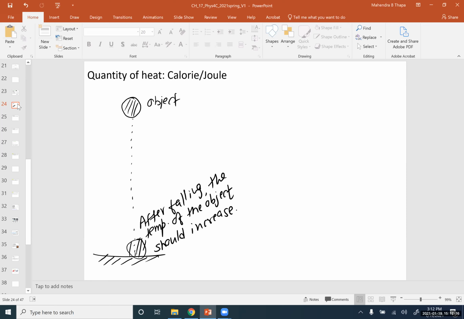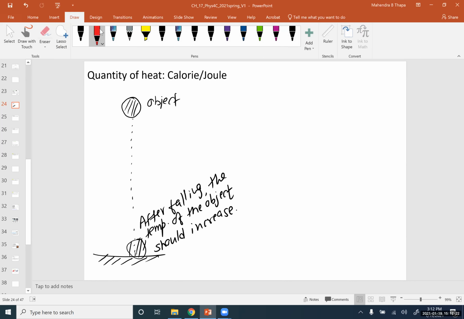In this scenario, gravitational potential energy finally changes into heat energy. So it still follows the principle of conservation of energy.